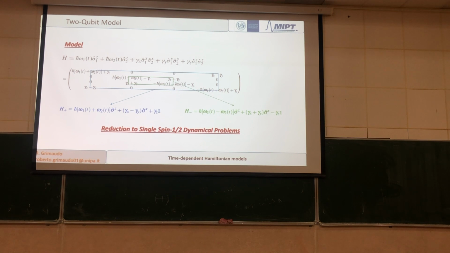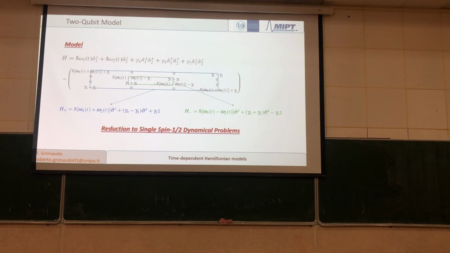So within each subspace, we can describe our two-spin system in terms of just one spin, in terms of a two-level dynamics. Indeed, we can write an effective Hamiltonian for the external dynamics and an effective Hamiltonian for the inner green dynamics. We derive analytically these two Hamiltonians through the symmetry-based approach.